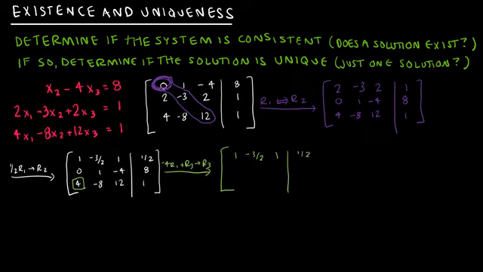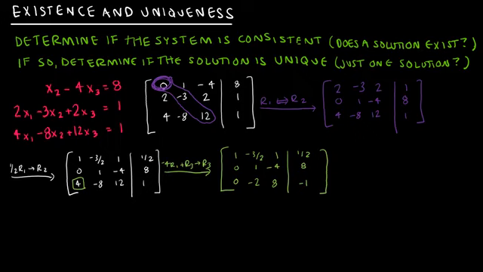Row 2 remains the same. And row 3 is now negative 4 times row 1 plus row 3. That's going to give me a 0 here. It's going to give me 12 halves, so 6, and negative 8 is negative 2. Negative 4 times 1 is negative 4, plus 12 is 8. And then negative 4 times 1/2 is negative 2, plus 1 is negative 1.